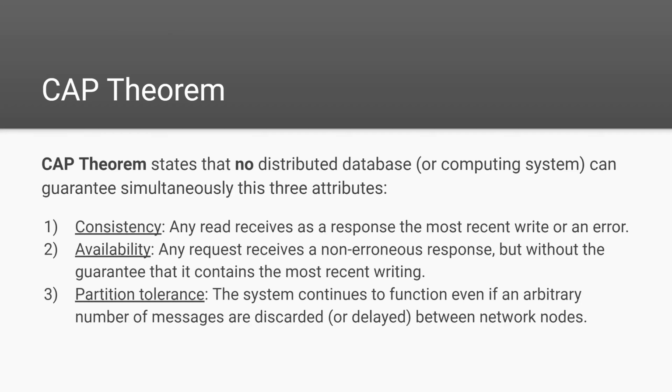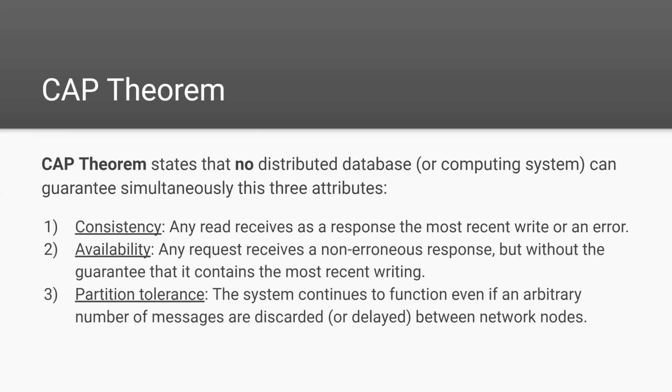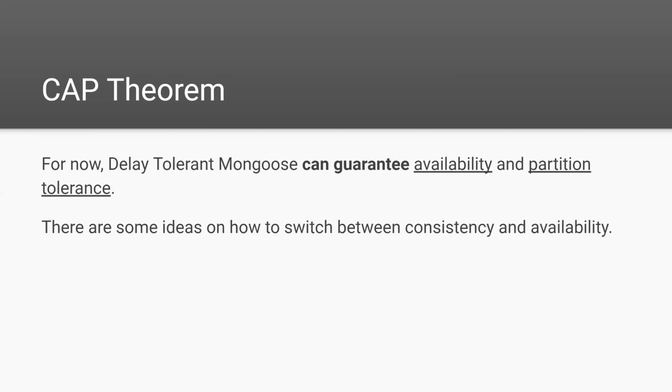And in the delay-tolerant Mongoose, you won't always have the latest write, because sometimes you don't know if you will receive something because of the big distances and the delay. So the delay-tolerant Mongoose can guarantee only availability and partition tolerance. Partition tolerance is that the system continues to function even if some messages are discarded. So the delay-tolerant Mongoose has these 2 attributes.